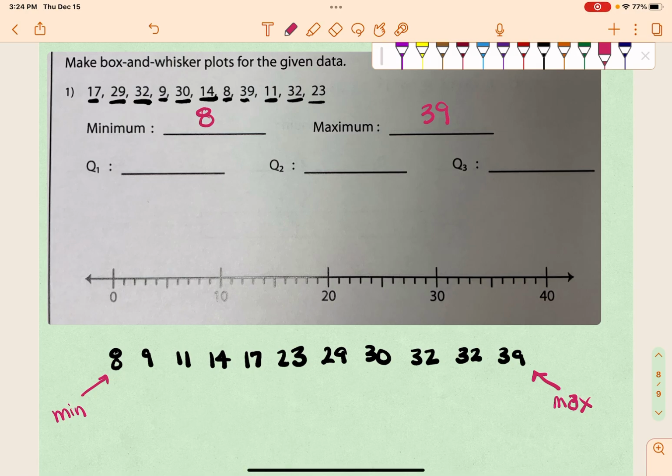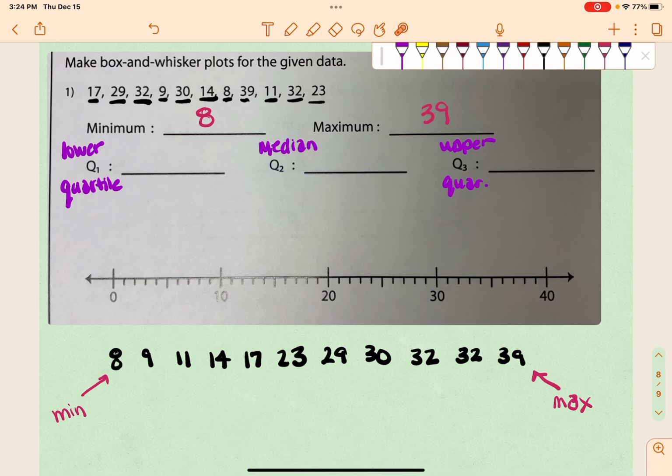Okay, now, out of the ones that I have left, Q sub 1, Q sub 2, and Q sub 3. Remember, this is the lower quartile, this one is the median, and this one is the upper quartile. If you have those 3 left, you really need to go with the median first.